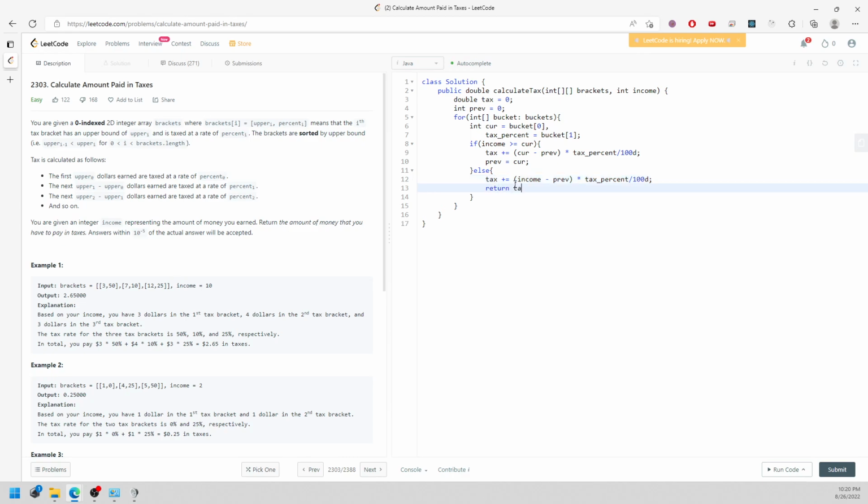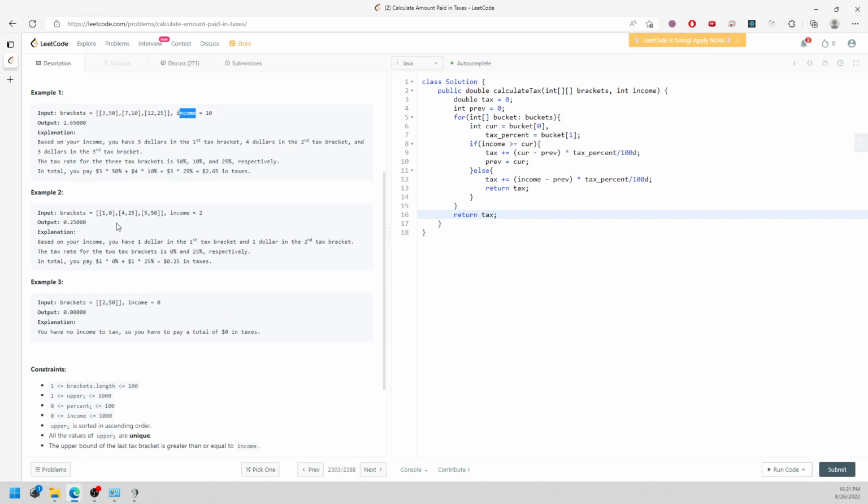Then you can return tax right here, in case there are multiple arrays after the value which is greater than your income. So when you see a value more than your income, you return right away. Otherwise you just keep adding.